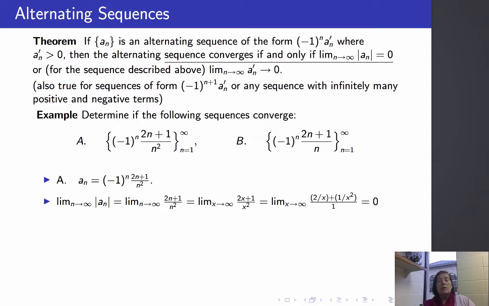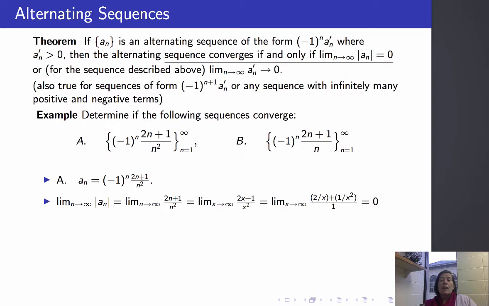Now if I replace that n by an x, I get a nice rational function for which I can calculate the limit using the techniques from Calc 1. It's the limit as x approaches infinity of (2x+1)/x^2. And remember, I should divide the numerator and denominator by the highest power of x in the denominator, which is x^2 here.